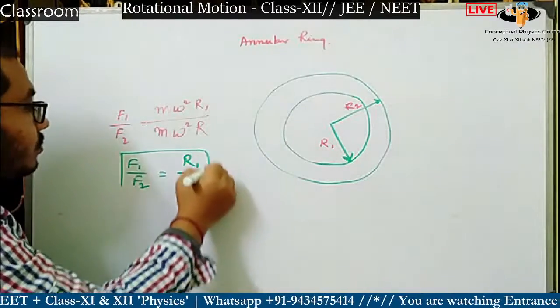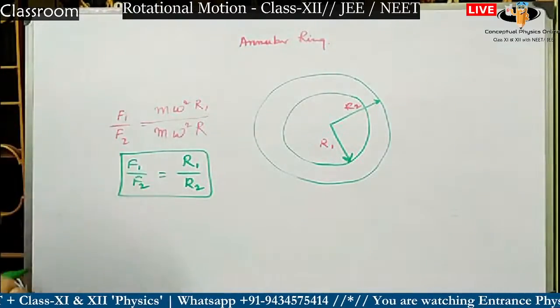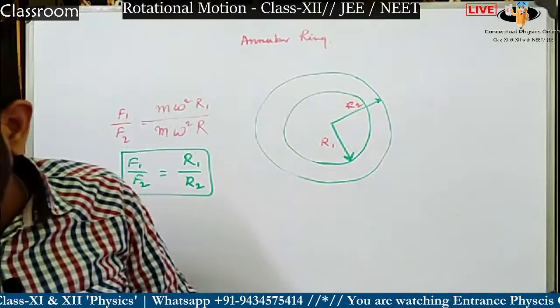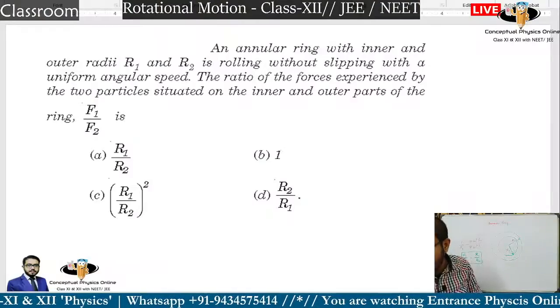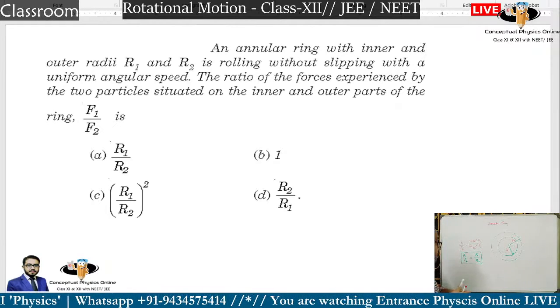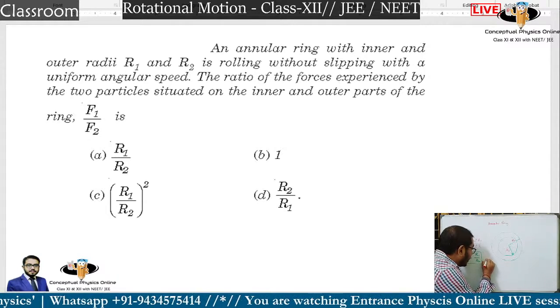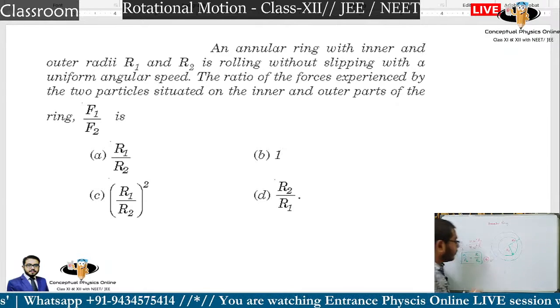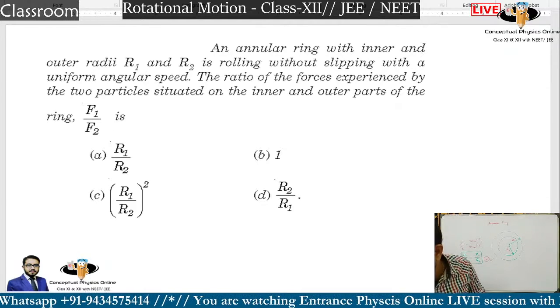So this will be the answer of the given question. So among the four given options, you can see that option A will be your right choice. Option A will be your right choice, right?